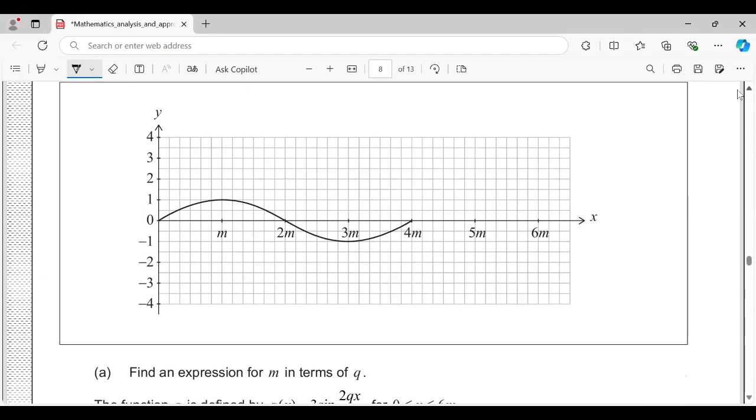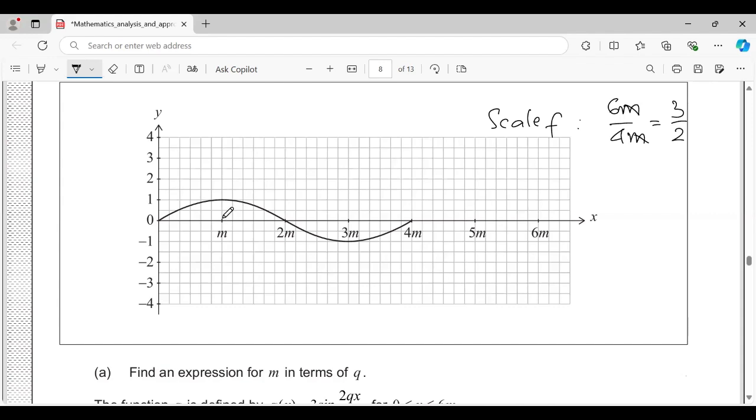We need to find the scale factor. So the scale factor is 6m over 4m, 3 over 2.